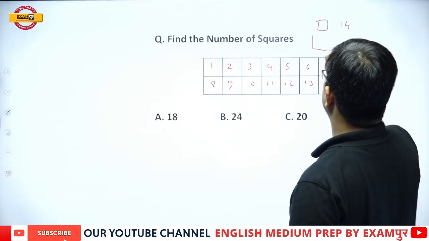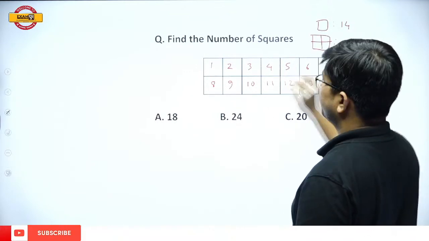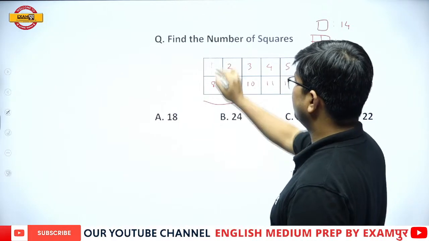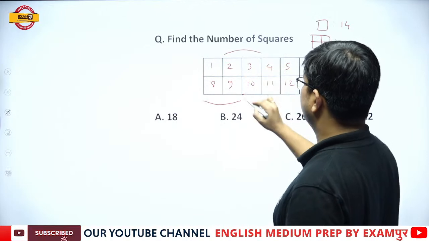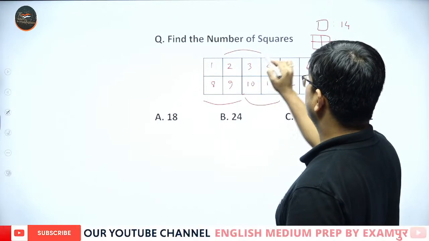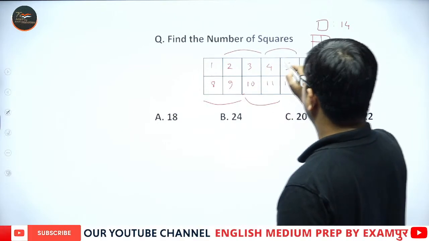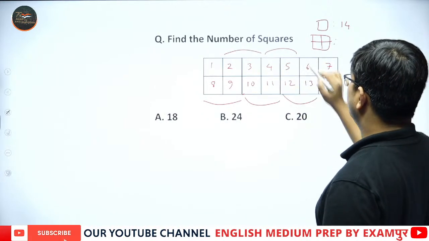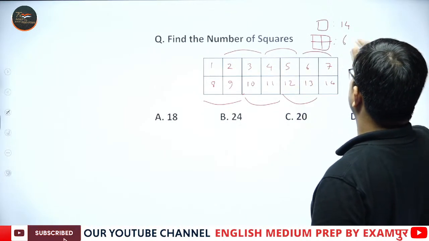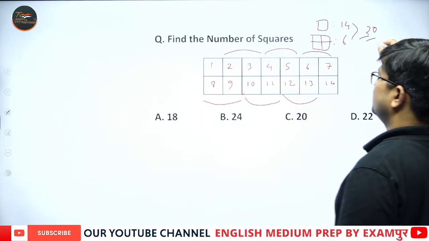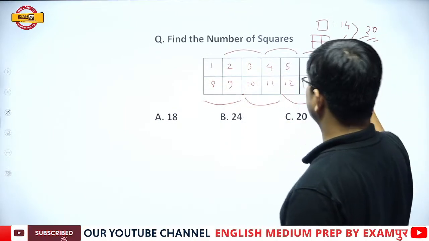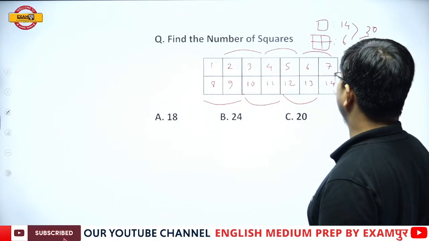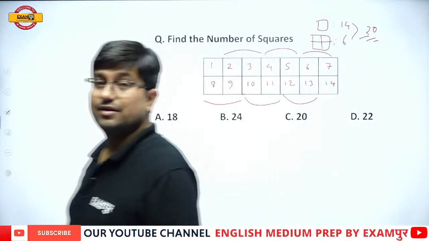Now, till here 1, till here 2, till here 3, till here 4, till here 5, and till here 6. So 14 plus 6, 20. Here we cannot take the larger one because it is not a square. So a total of 20 squares are there.